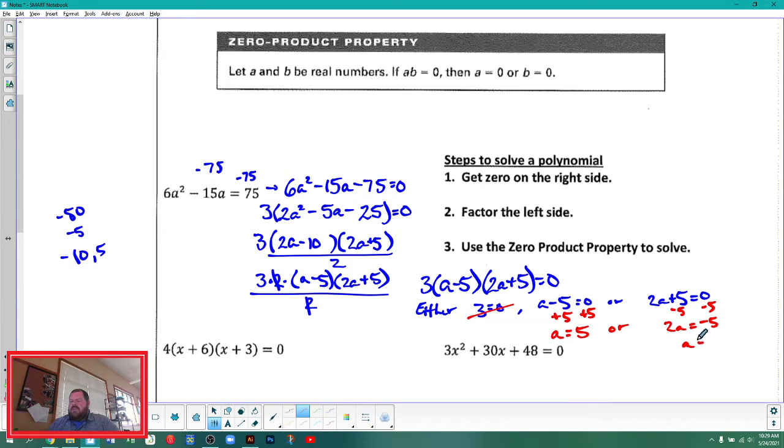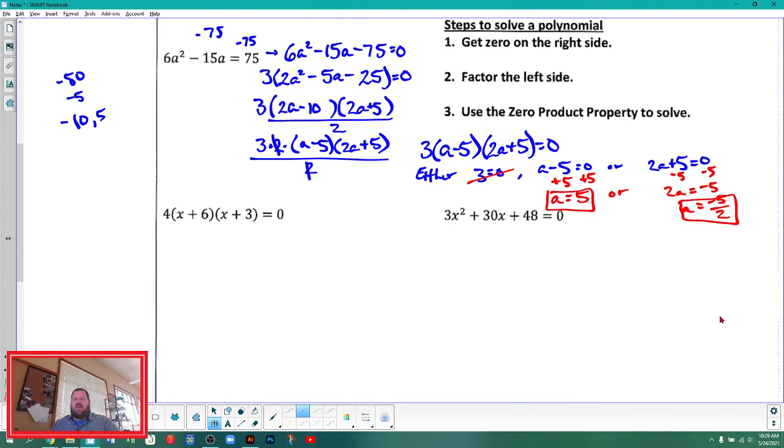And I'm going to divide by 2 to get negative 5 over 2. And it turns out from what I can deal with, from the a's that I can adjust, a either has to be 5 or a has to be negative 5 halves, negative 5 over 2. Those are the only things that I can control. I can't control numbers. They're stuck at whatever they are. But I can do this much at least. Okay.